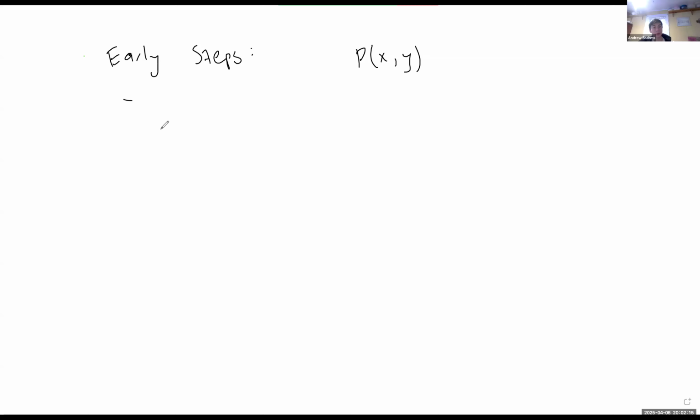So the early steps usually are to plug in special values of x and y. If it's in real numbers, you'll plug in 0, but if it's in positive real numbers, you'll plug in stuff like 1, 1, or 1, x, x, 1, stuff like that, like x, y.